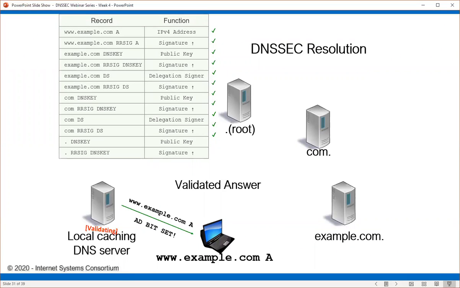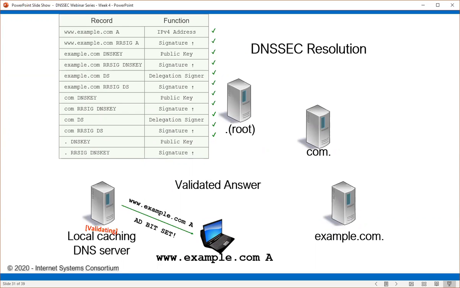So now we have all of this information. I mentioned the fact that we've now delayed a lookup for www.example.com for an additional tremendous number of lookups plus a whole bunch of complicated mathematics. That's all fine, because now that we've done this, all of this information is cached the same as it would have been with a regular lookup, and it is cached that it has already been validated.